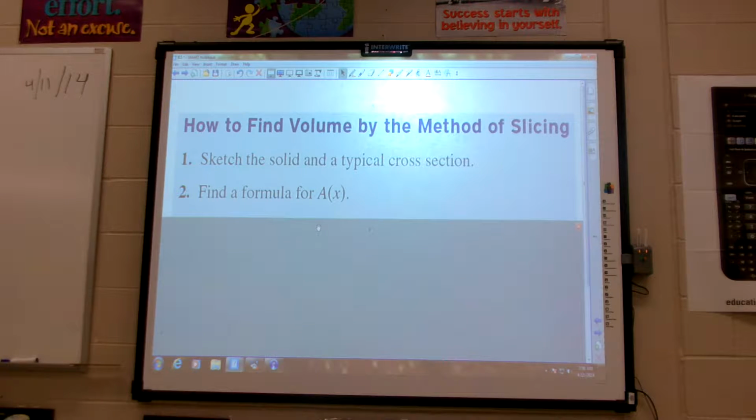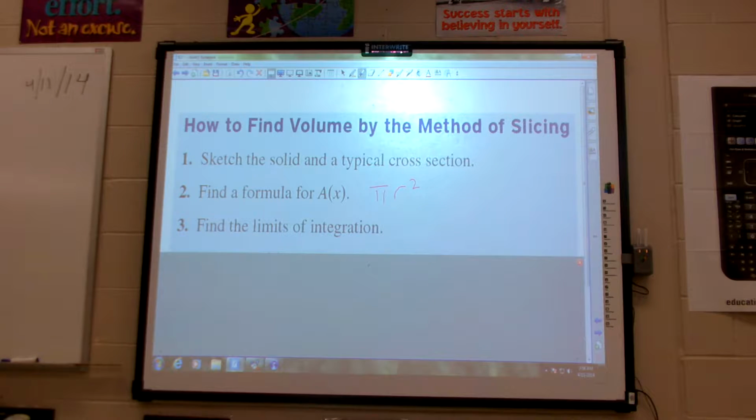Find a formula for A of x. Now we know if we're revolving, my formula is automatically a circle. So my formula is pi r squared. Find your limits of integration.